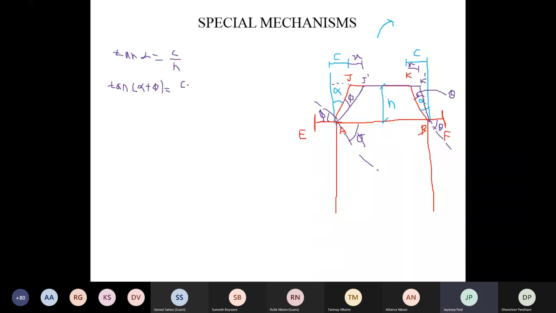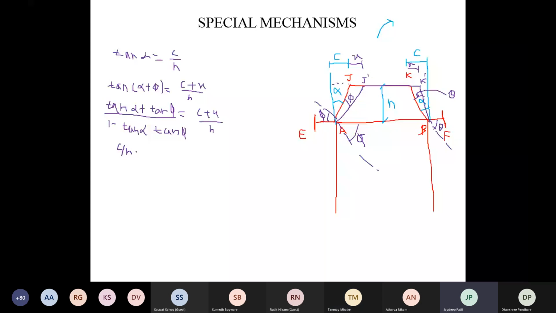Now I have to put the value of tan alpha. We know tan alpha is equal to C by H. Okay, now you have to take down the next step.